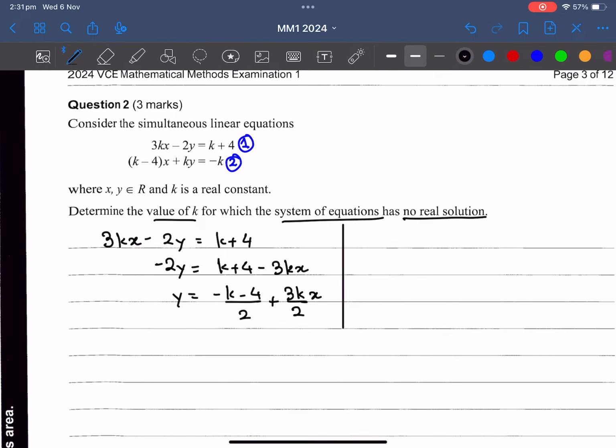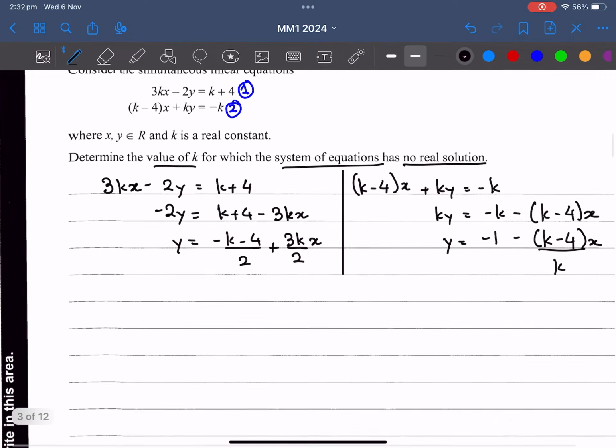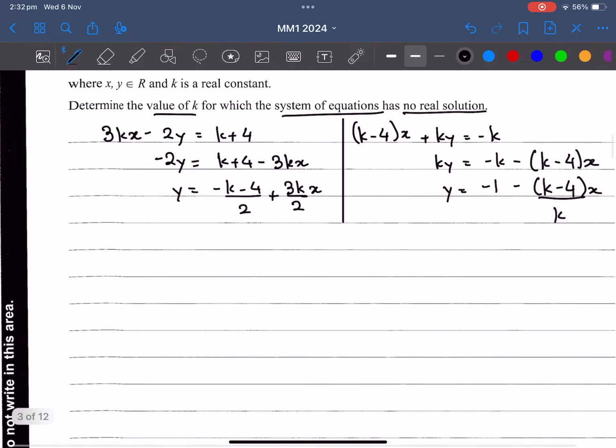Okay, so the second equation, (k minus 4)x plus ky equals minus k. So ky equals minus k minus (k minus 4)x, and y would be minus 1 minus (k minus 4)x divided by k. Okay, so now we just have to make the gradients the same.